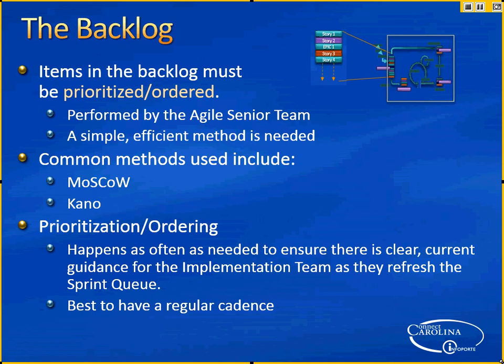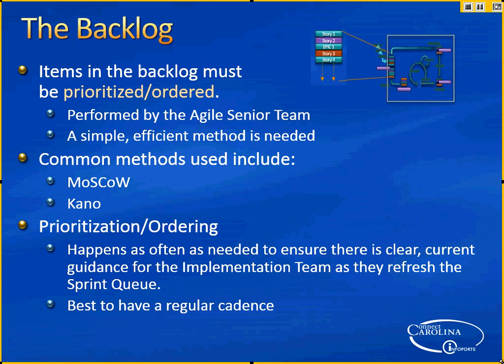Called Moscow and China. The prioritization of the backlog needs to happen as often as is needed to ensure that there's clear current guidance for the implementation team as they're going into the next sprints.